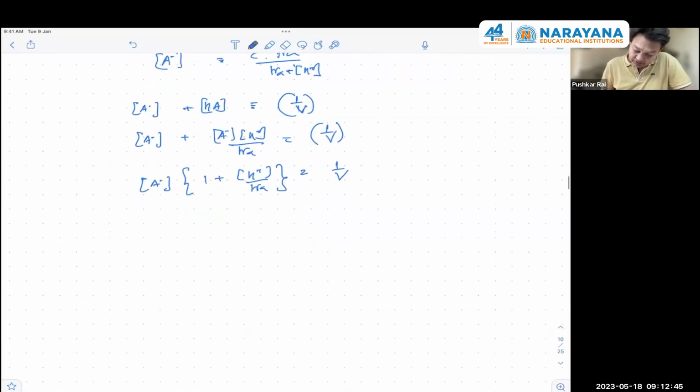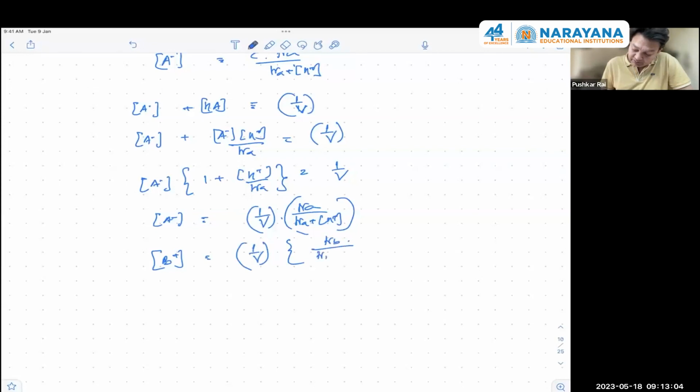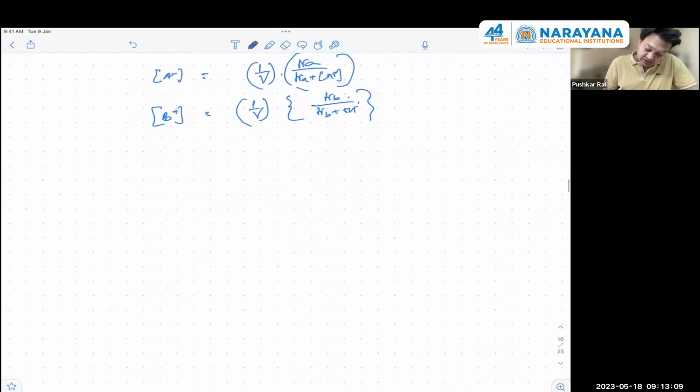So you can simply put A negative is equal to 1 by V multiplied by Ka divided by Ka plus H plus. In a very similar manner, you can show that B positive will be equal to 1 by V into Kb divided by Kb plus OH negative.